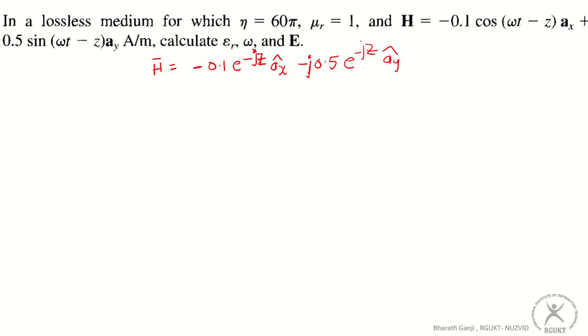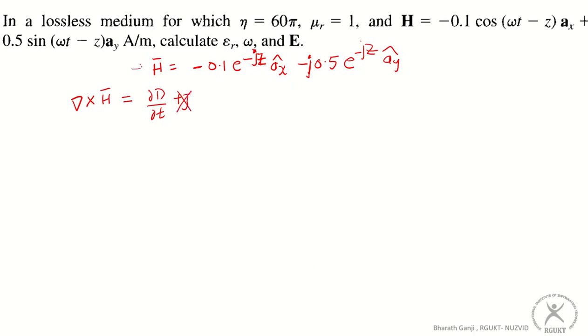So from here you can break it into two parts and do it, but let me go with the easy one. You have this law: del cross of h bar is equal to, you might write dou d by dou t plus j user, but we are dealing with fields far away from the sources, so there is no j.